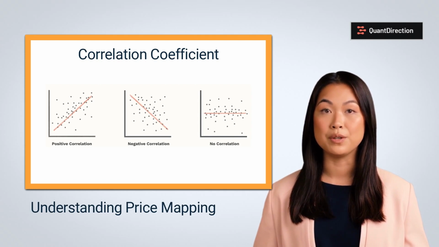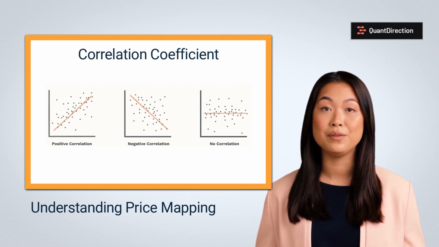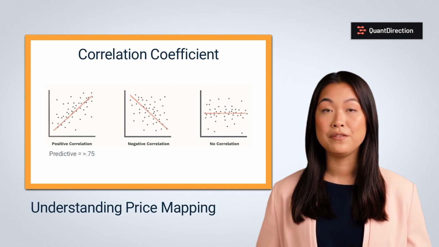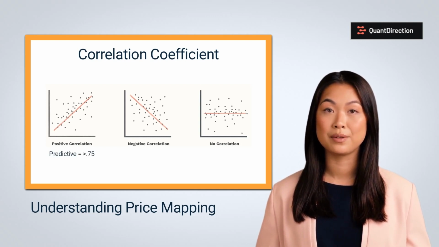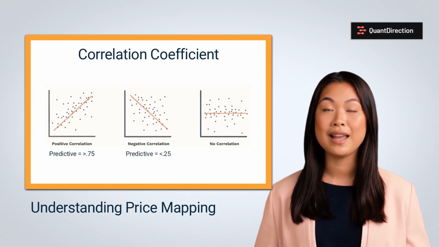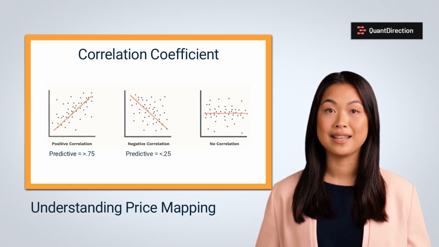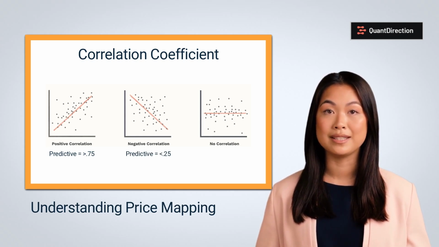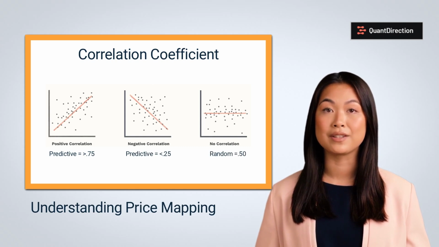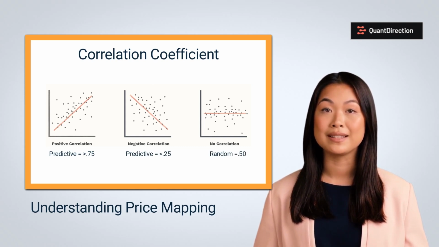The correlation between two variables is considered to be strong if the absolute value of R is greater than 0.75. Similarly, if two conditions repeat less than 25% of the time, we also have strong negative or predictive correlation. When there is no pattern to price condition behavior, we can say it is random or that it isn't predictive.